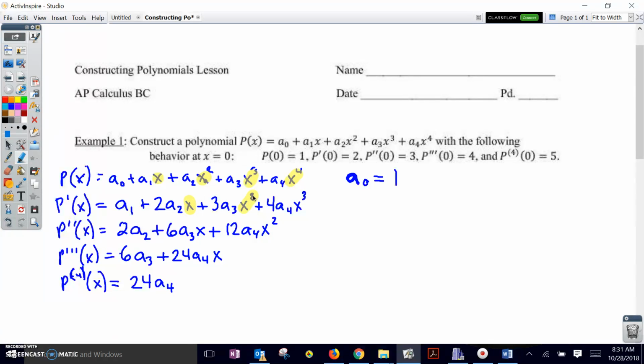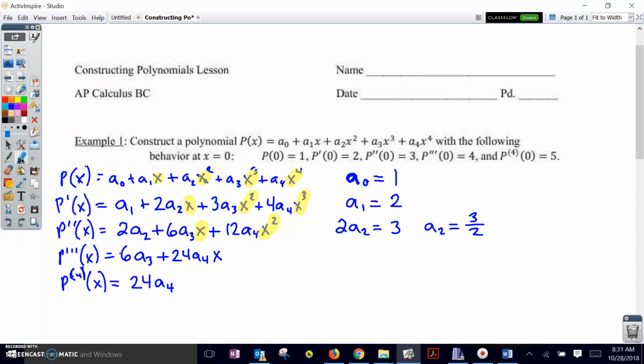We'll put 0 in everywhere here, and we get that a sub 1 has to be equal to the value that we want the derivative to have. We'll do the same thing with the second derivative. We'll put 0 in here everywhere where there's an x, and we want that value to be equal to 3. So 2a sub 2 is equal to 3. Solving that, we find that a sub 2 is equal to 3/2.